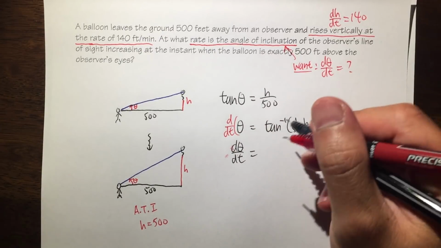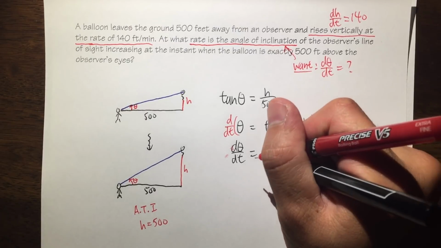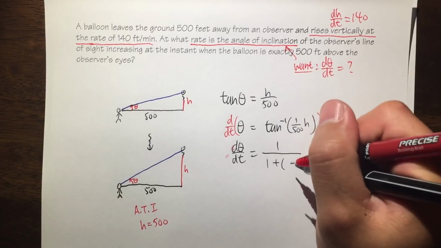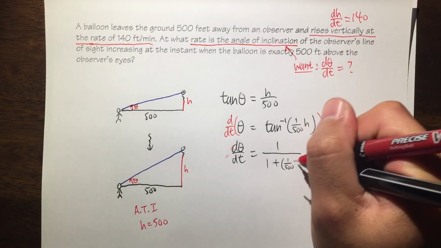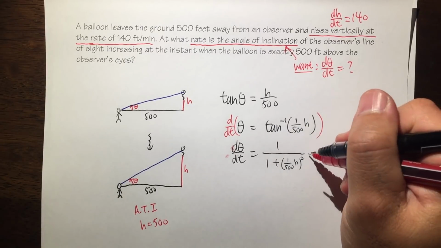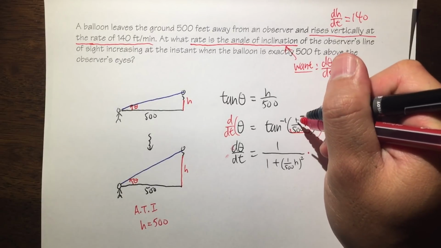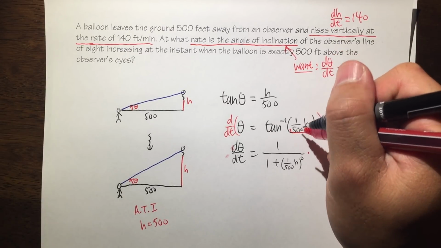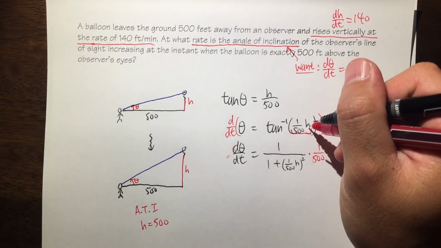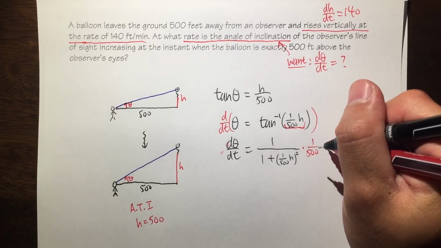On the right-hand side, the derivative of inverse tangent of something is 1 over 1 plus that inside quantity squared, so 1 over 1 plus (1/500 times h) squared, and then we do the chain rule. We multiply by the derivative of the inside. The derivative of 1/500 times h is 1/500 times the derivative of h, and because h is a function of time, we get dh/dt.